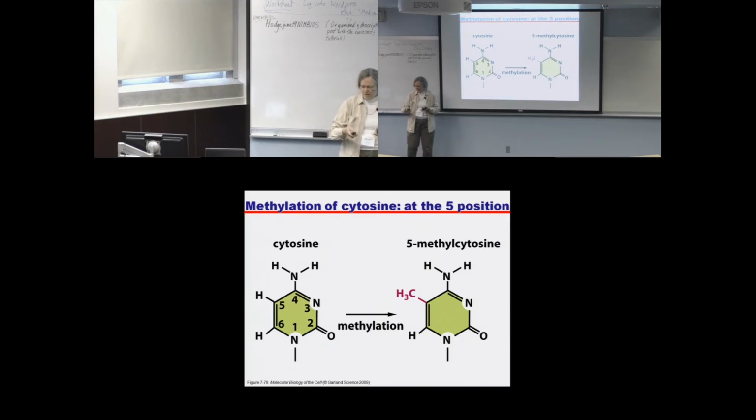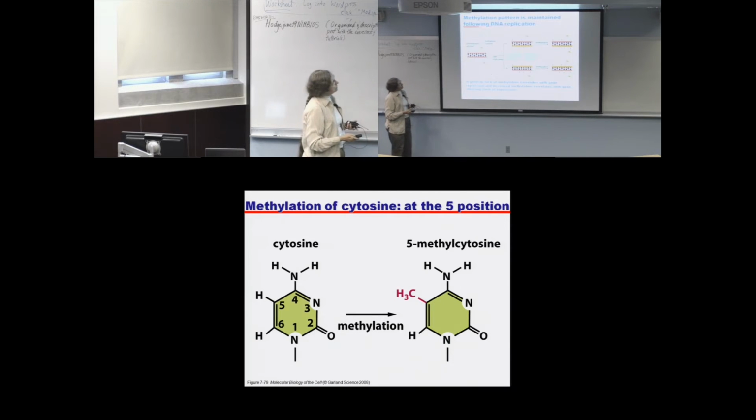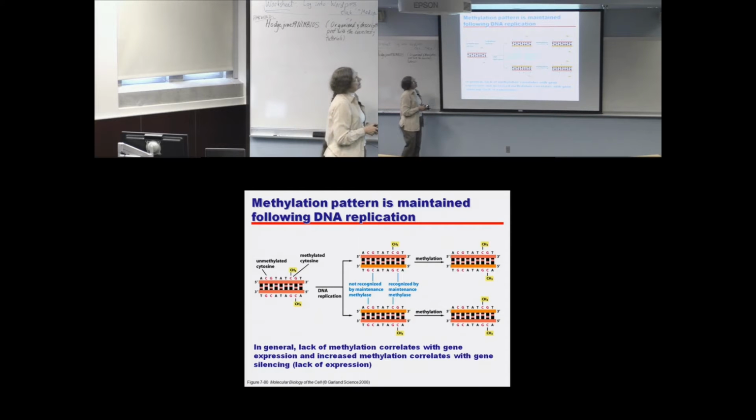So let's look at what that can mean. Here's a DNA sequence, and here's one of those CpGs, a C next to a G. And this C is methylated. That state is, or can be, maintained when that cell replicates its DNA and then divides.